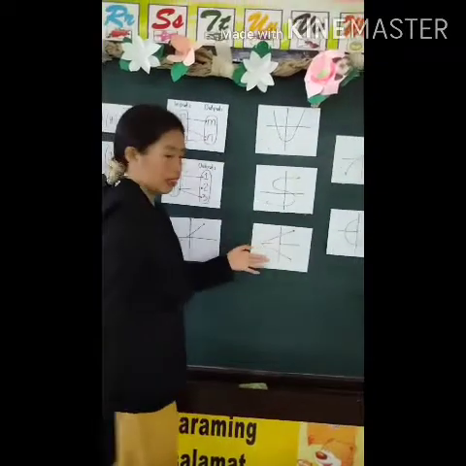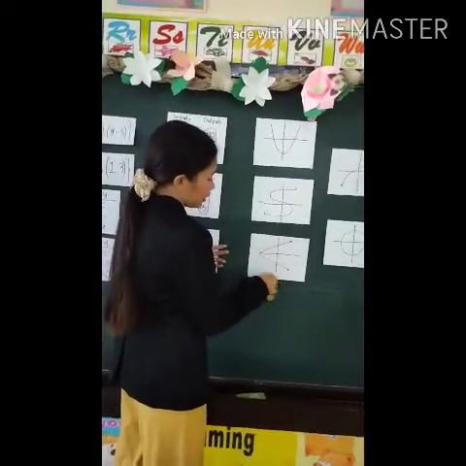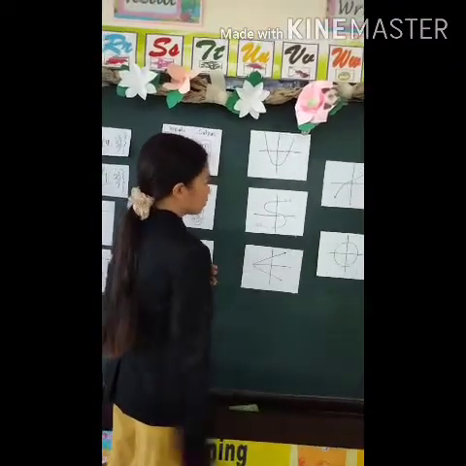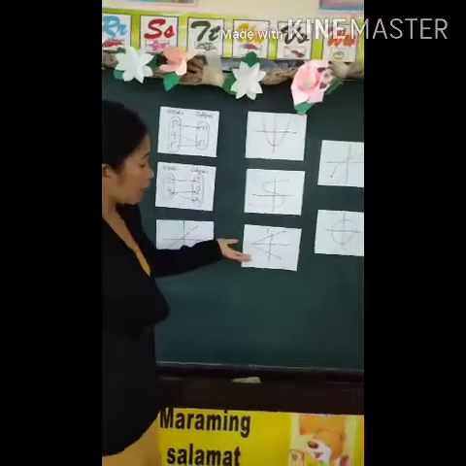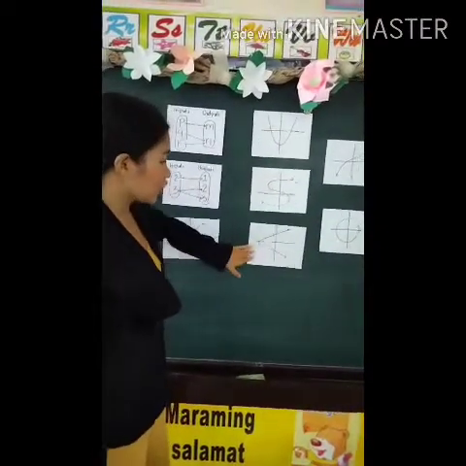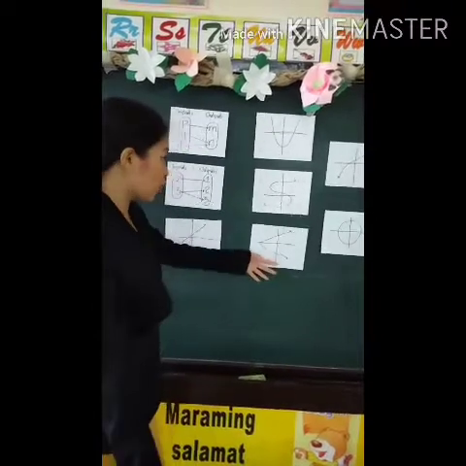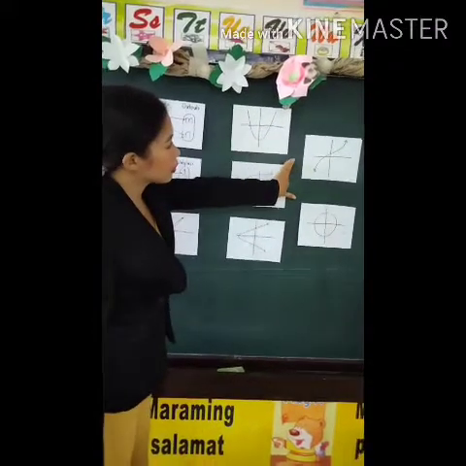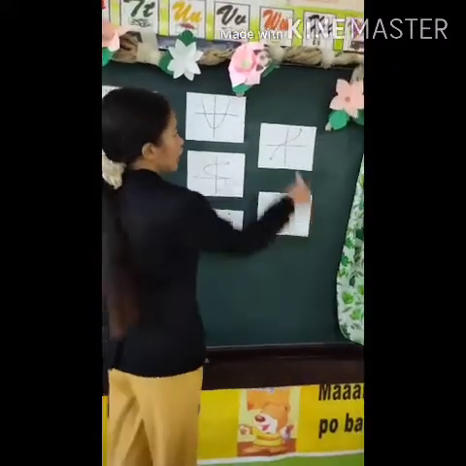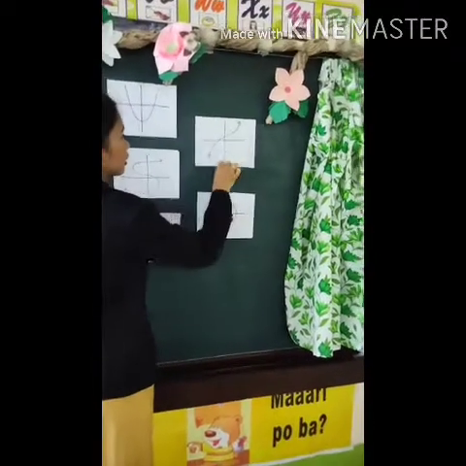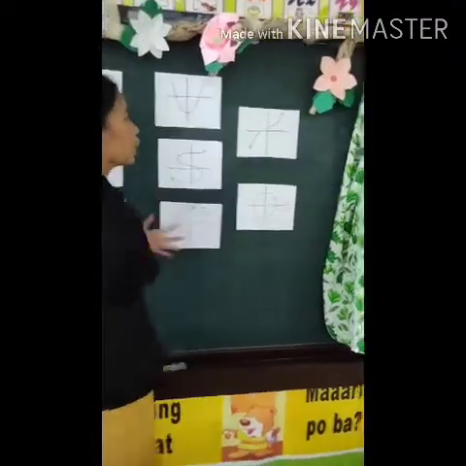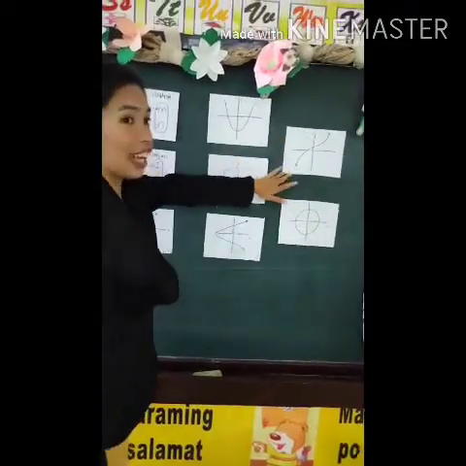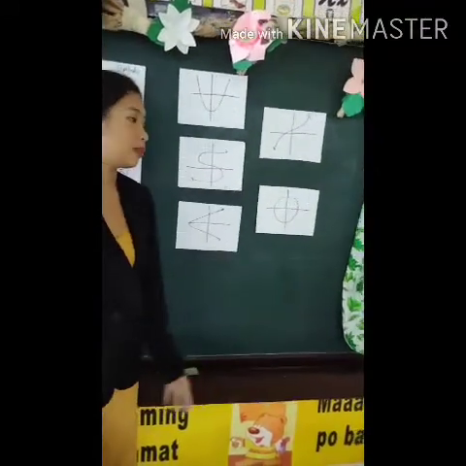And how about this? We'll do again the vertical line test. The vertical line crosses the relation more than once. So this is also not a function. And how about this? Do the vertical line test. We can definitely say that this is a function because the vertical line crosses the relation only once.